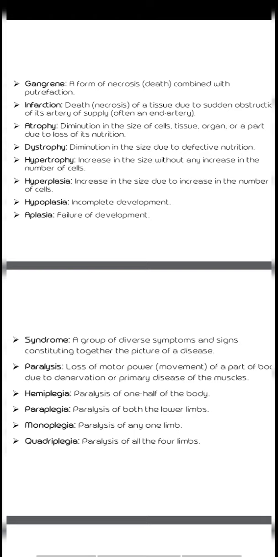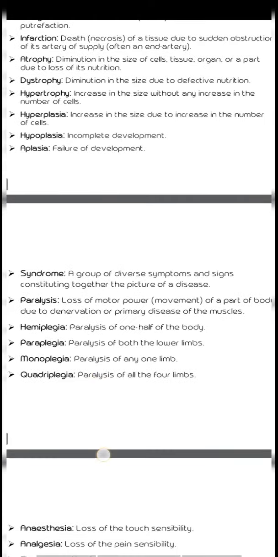Aplasia is when there is a complete failure of development, and no new cells are produced whatsoever. So in hypoplasia, the production of new cells is low, whereas in aplasia there is absolutely no production.